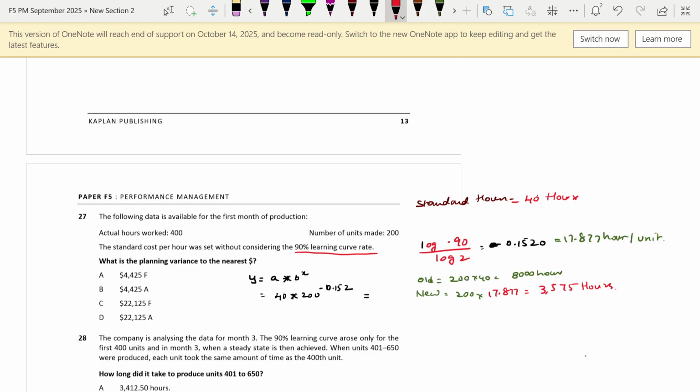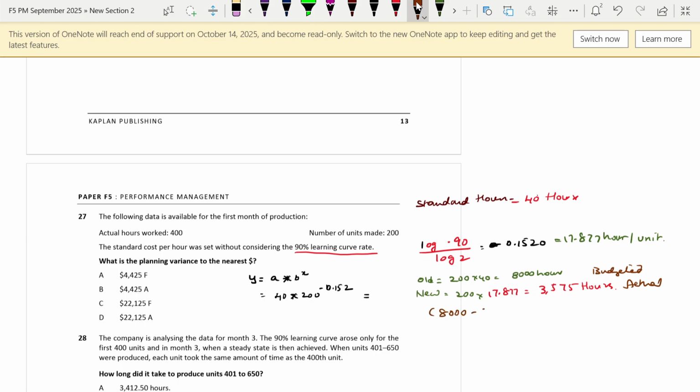This is the budgeted hours. This is the actual hours.